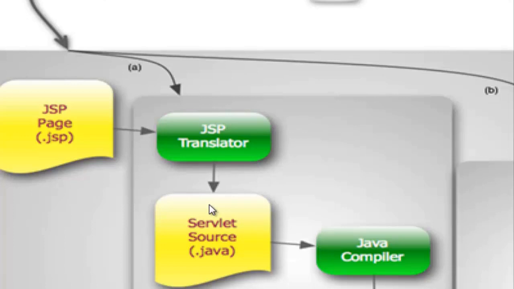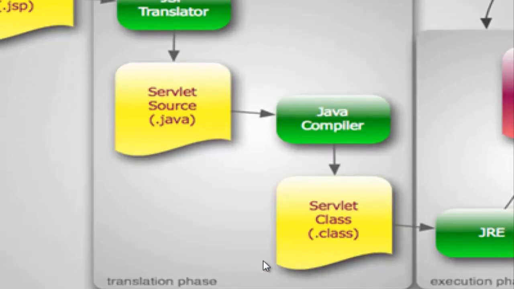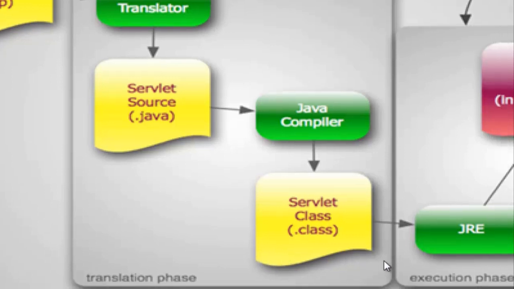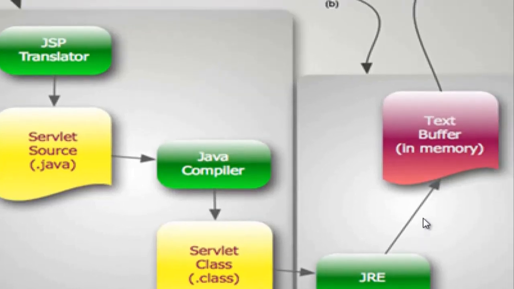That is done automatically, you don't have to do anything. So when you run your program, your code is converted into a Java class, and once you have the .java file, you know very well you have to compile it down to a .class file, and once you have the .class file, you run it on a Java runtime environment, and it produces the output.